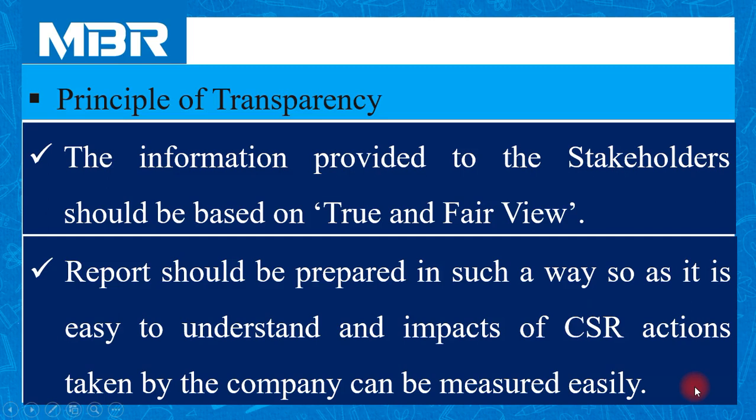So, it is compulsory for a company to present all the details related to CSR in annual reports. So, it is possible to present everything in the annual report to all the stakeholders with transparency. So, there are three different principles. First, sustainability. Second, accountability. And third, transparency.